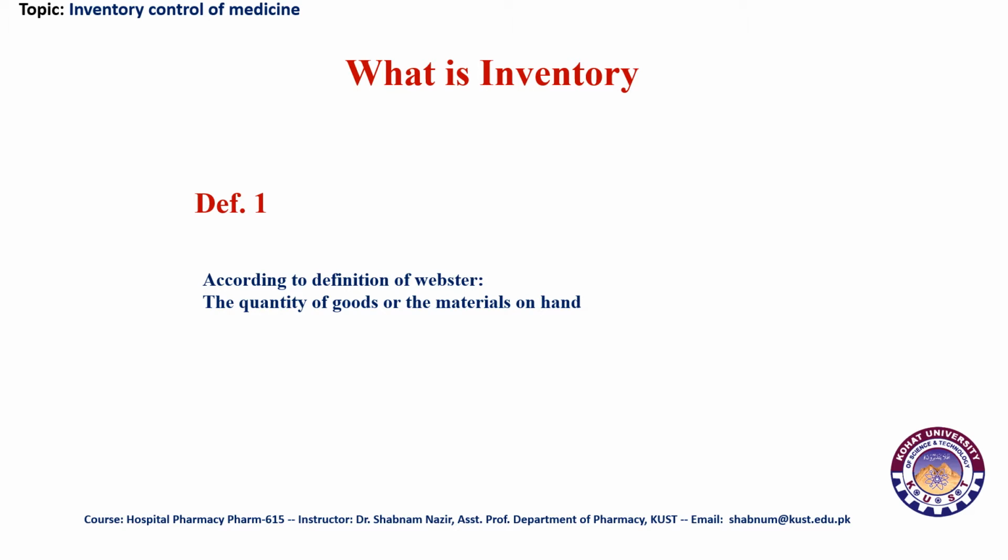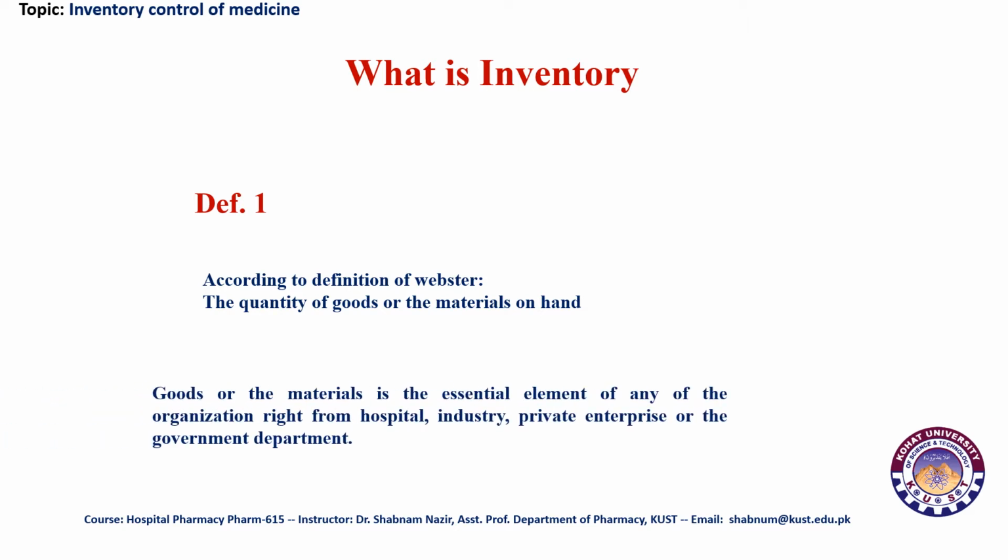Goods have a very significant place in any company or organization, especially if they are dealing with certain exchange matters. We can take the example of a hospital. A hospital is treating patients, diagnosing them, treating them, and also providing them medication.